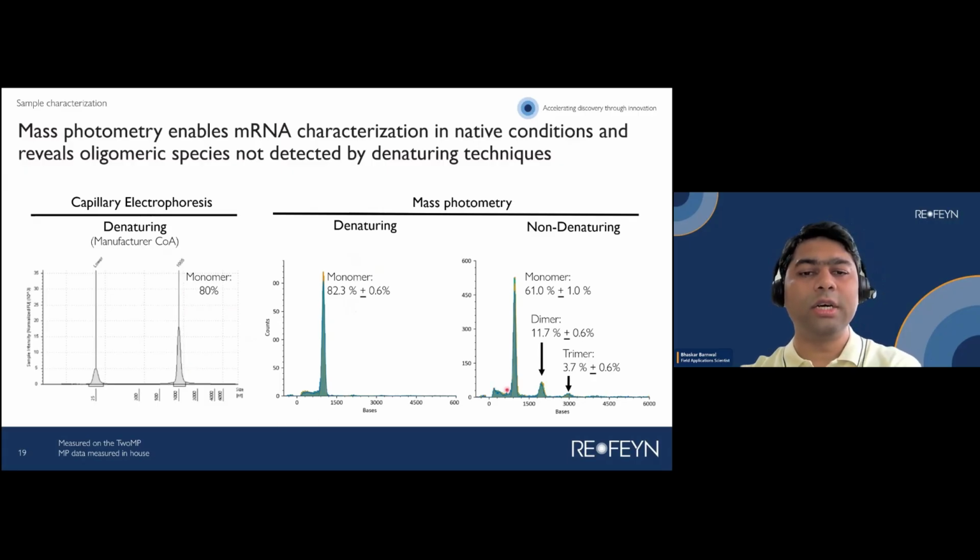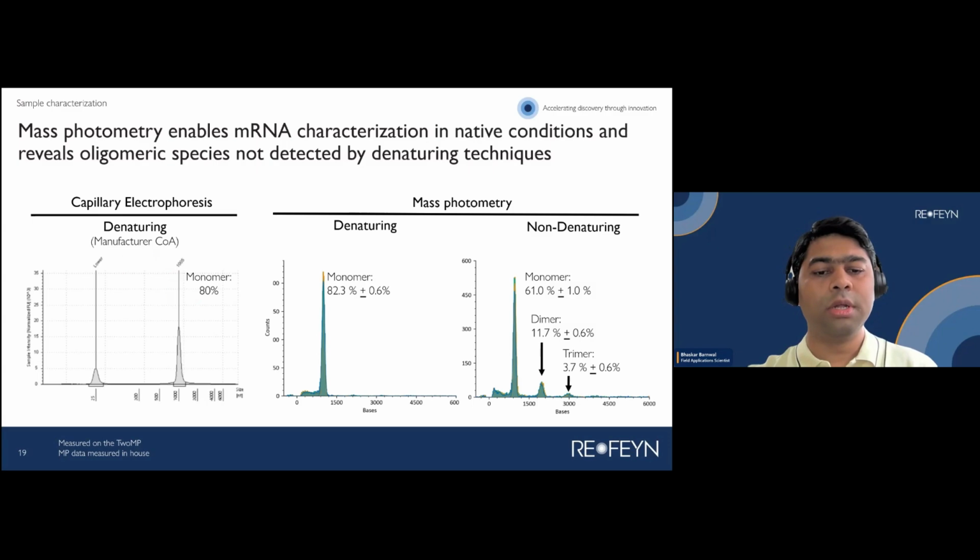When we ran it in the native conditions, what we also get is the monomer, dimer, and trimer proportions of the RNA, which shows that the RNA exists as dimer and trimer as well, which we were not seeing in the capillary electrophoresis, which is generally run in reducing and denaturing conditions.